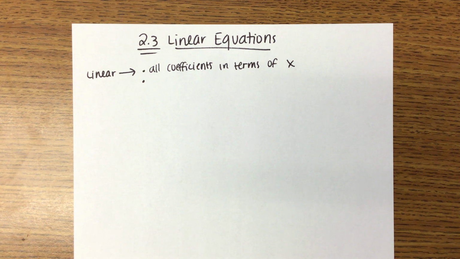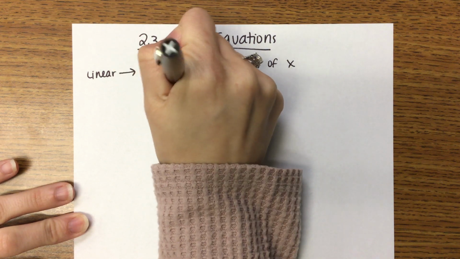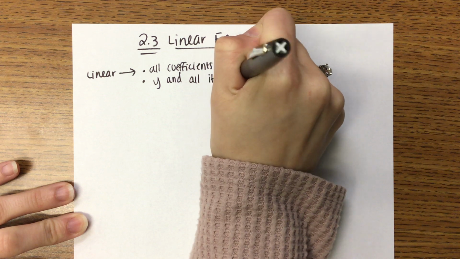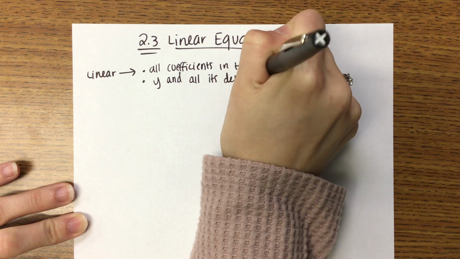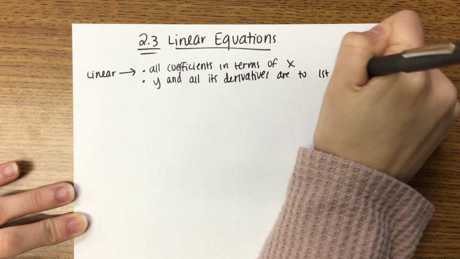Okay? And what's the second requirement for an equation to be linear? All derivatives of y to the first power. Correct. So y and all of its derivatives are to the first power.